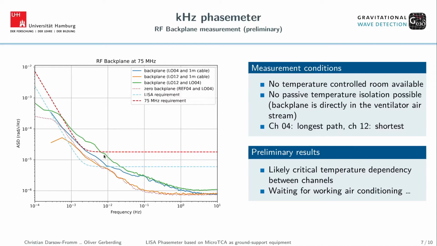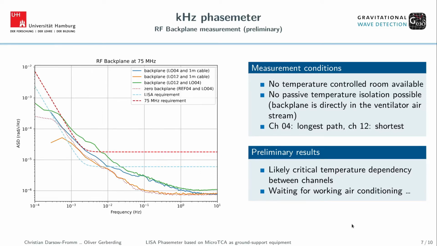And that doesn't meet the requirement here, but I have to remark that it was not in controlled temperature conditions. So maybe it will be good enough if I can move the setup to the lab as soon as the temperature stabilization is working there.